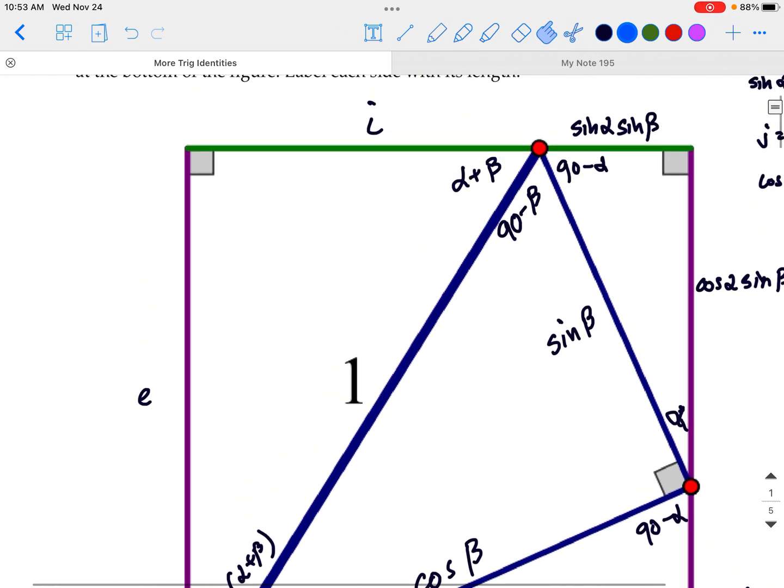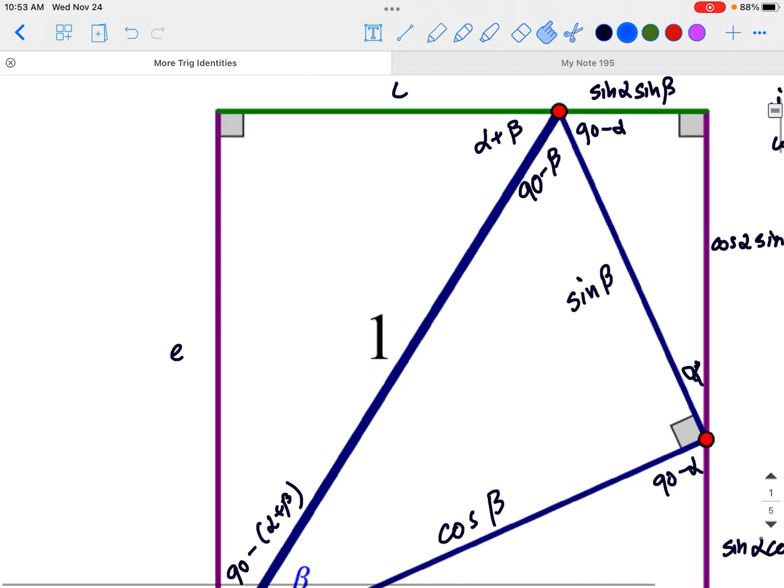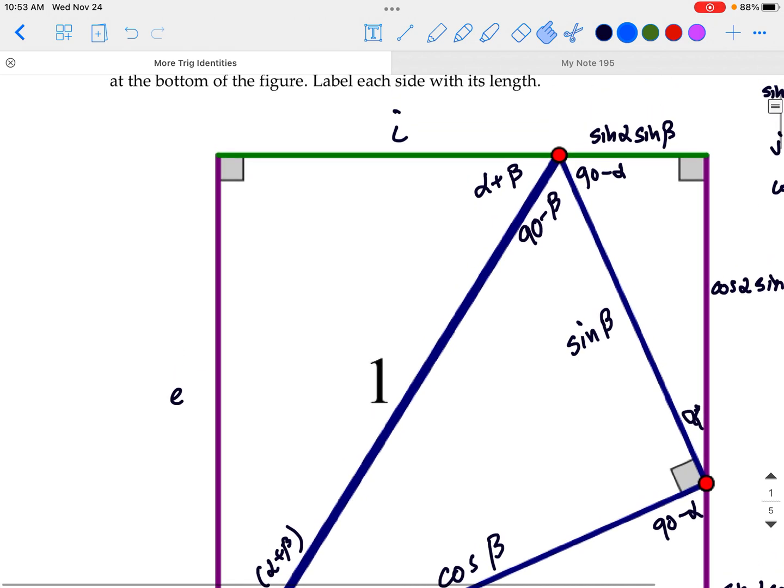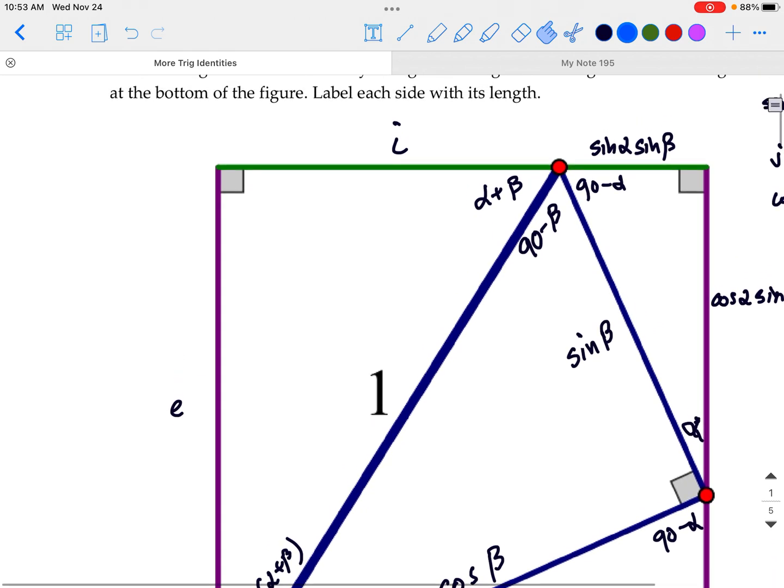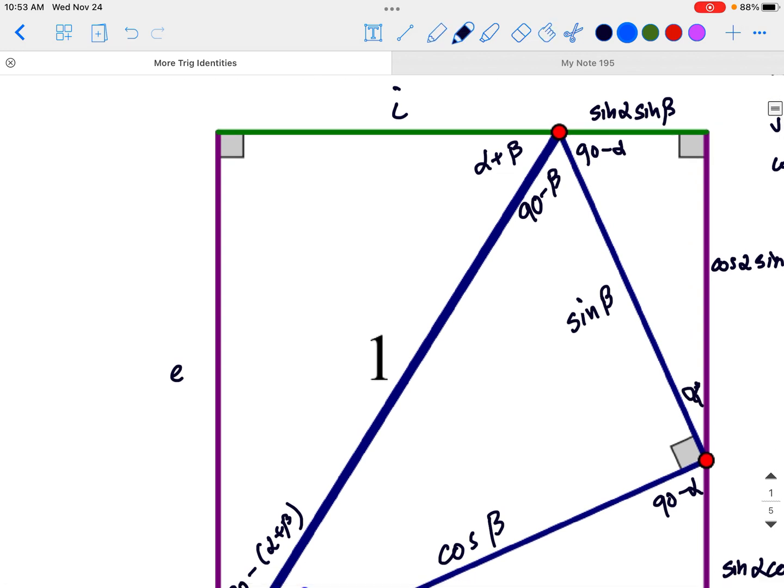So we'll jump over to this final portion of our rectangle and look at this big triangle with side length 1. So we'll note that sine of alpha plus beta, so we're going to use this top angle measure, because 90 minus alpha plus beta is a little bit messy. So sine of alpha plus beta is going to be e.